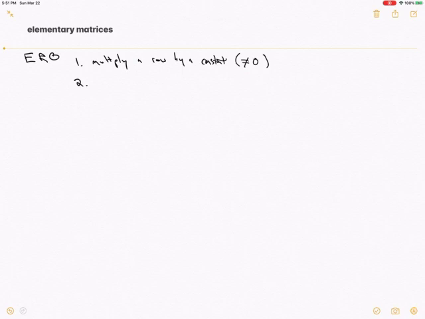Two, you can swap the order of two rows, so you can interchange them. And the third operation is you can add one row or a multiple of one row to another.